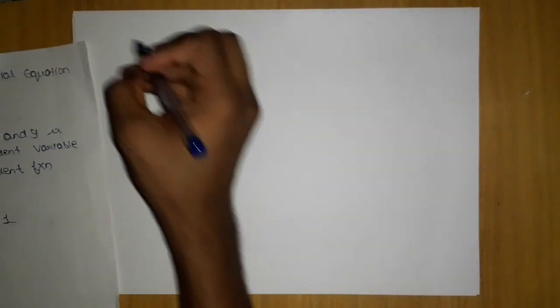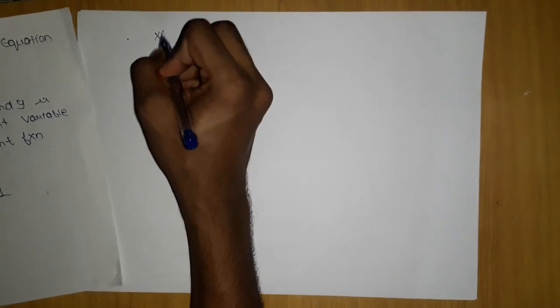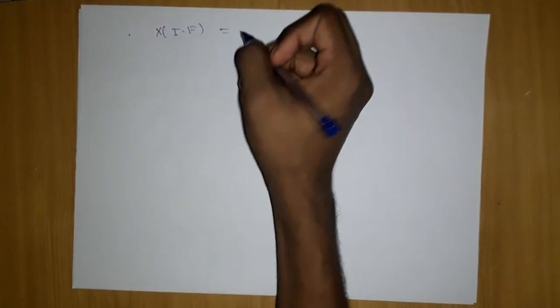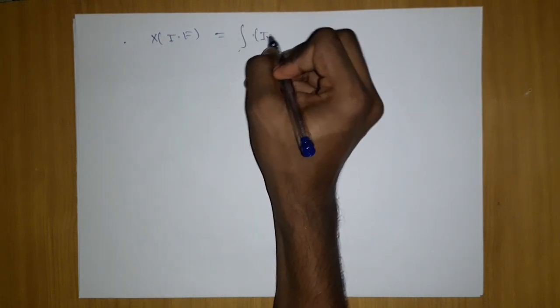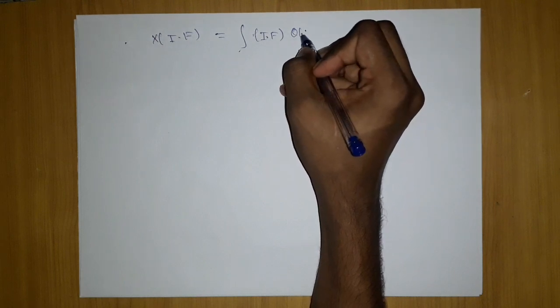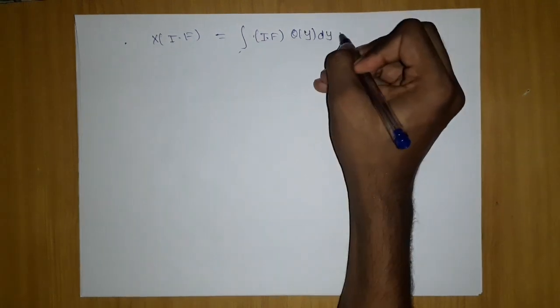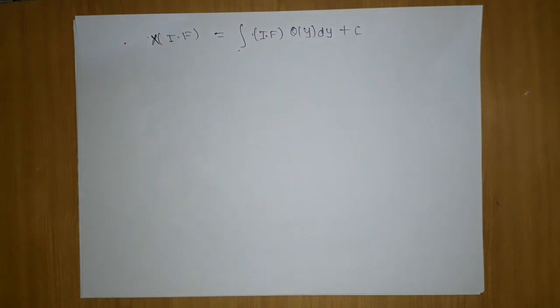If it is the second type, then the solution will be like this: x into integrating factor equals integral of integrating factor into q of y dy plus c. So they both have a slight difference in solution, but you have to keep in mind which one you have to use for which type of equation.